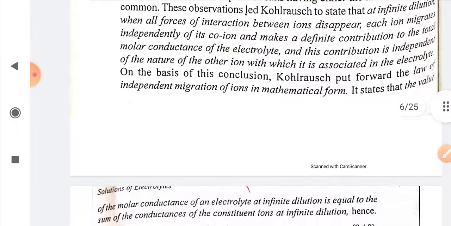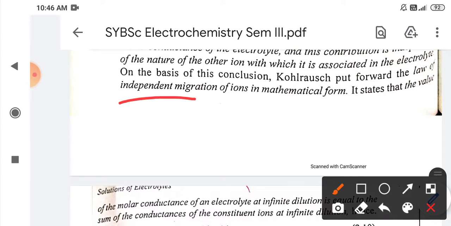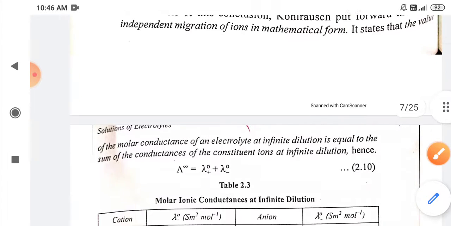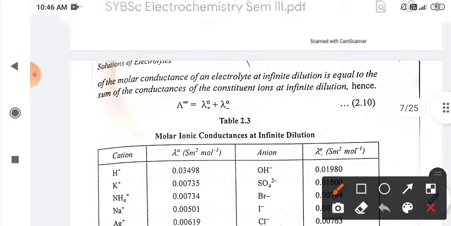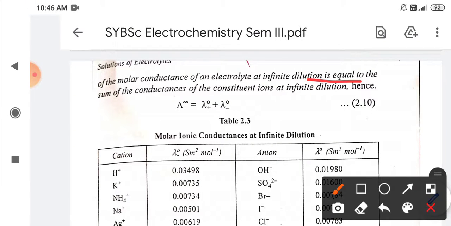Kohlrausch put forward the law of independent migration of ions in mathematical form, and it states that the molar conductance of an electrolyte at infinite dilution is equal to the sum of the conductances of the constituent ions at infinite dilution.